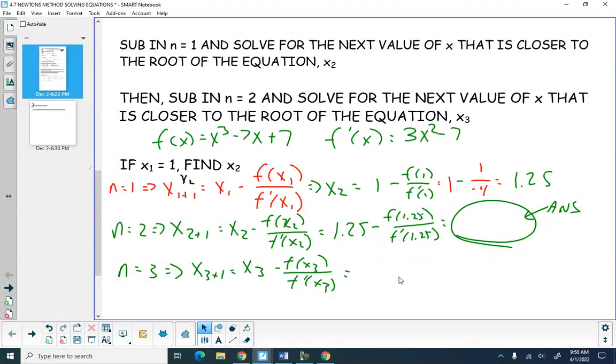So let's take a look. We have to go to our answer, our function value evaluated, divided by.